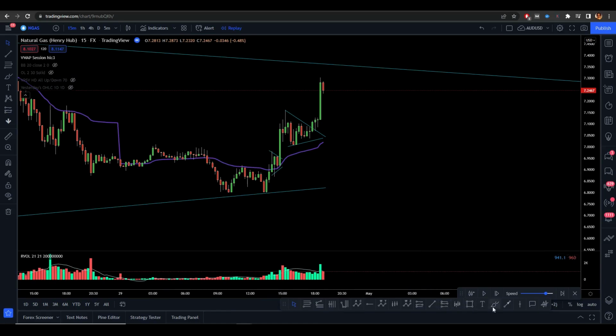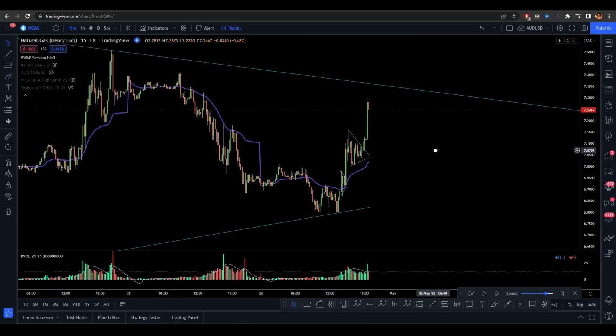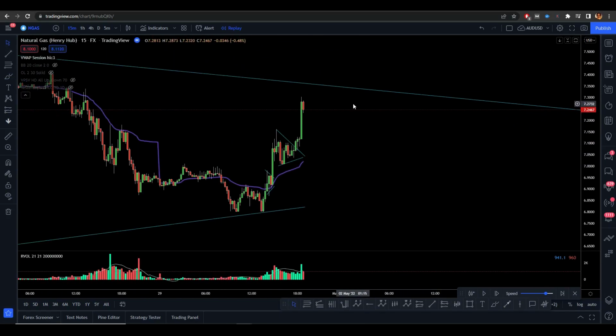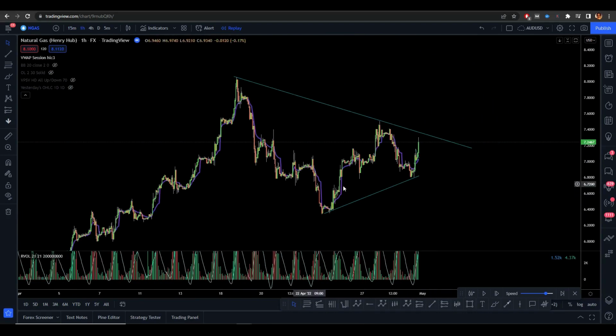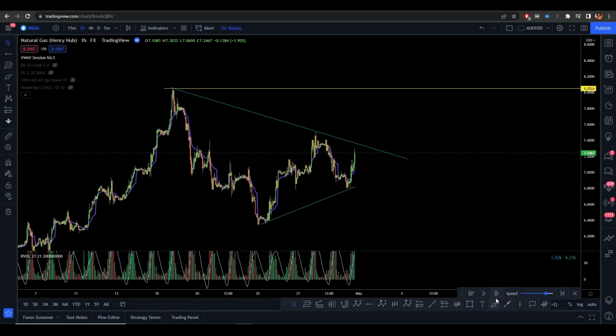For instance, if you bought here, this spiked up, what is your next step, right? Will you take some profit off here and then move your trade to break even? Because if we go on the higher time frame, you realize that there's a pattern here and your target area could be all the way up here.